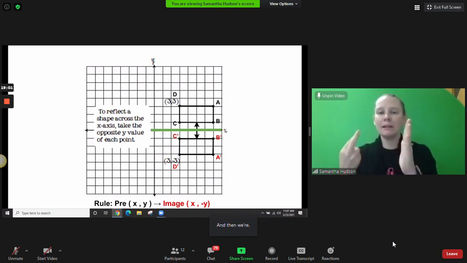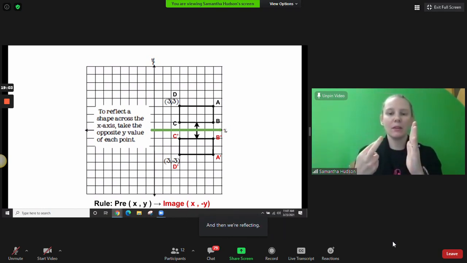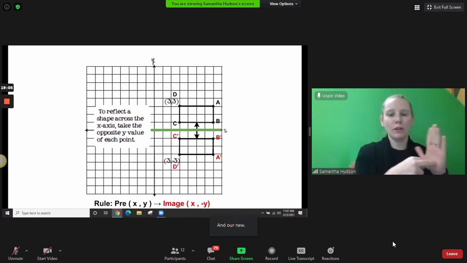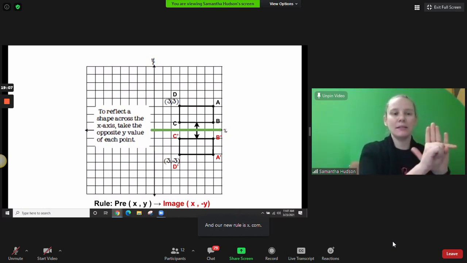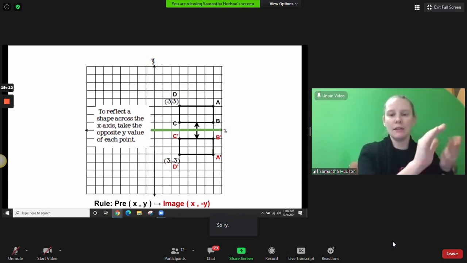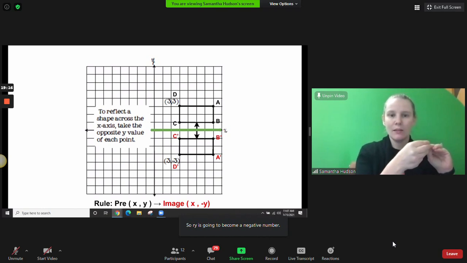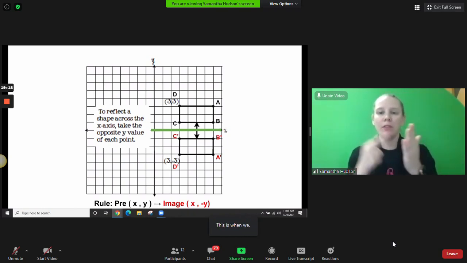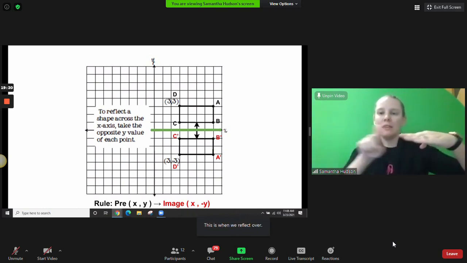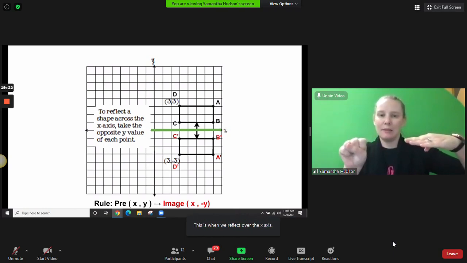And then we're reflecting. And our new rule is X comma negative Y. So our Y is going to become a negative number. This is when we reflect over the X axis.